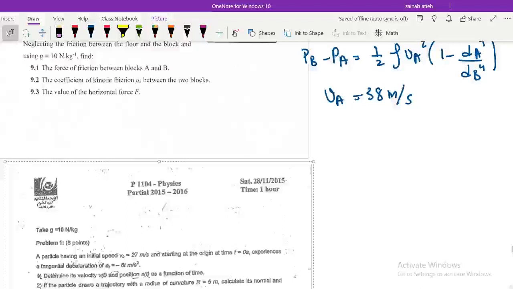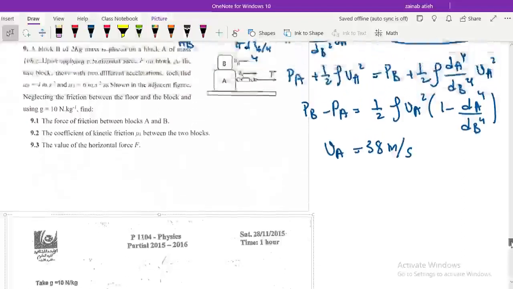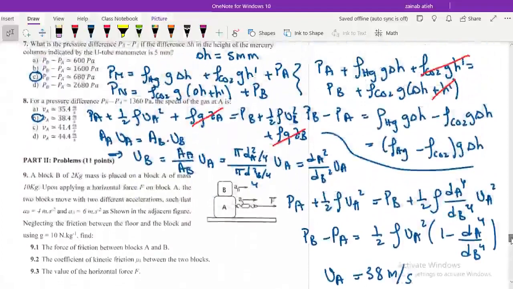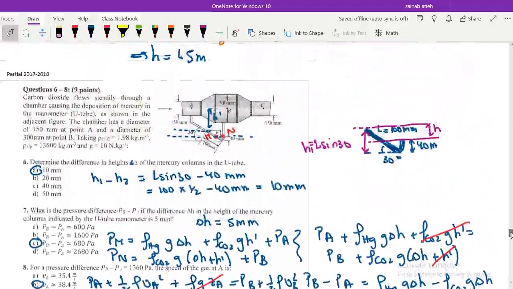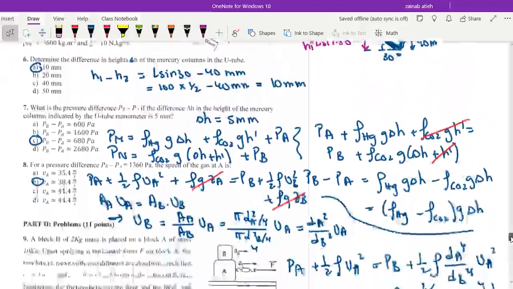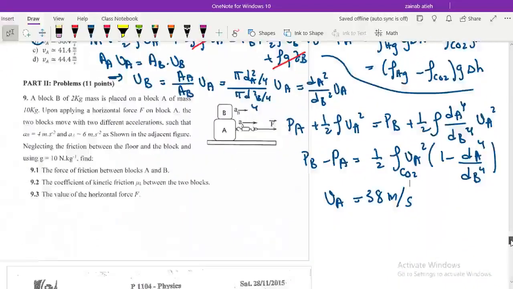Okay, I have to note something: the rho we are using here is the rho of CO2. Why the rho of CO2? Because I am applying Bernoulli to the fluid that is flowing between A and B, which is the CO2 fluid and not the mercury. The mercury was not involved in this stage between A and B when I am treating Bernoulli. Okay, I have CO2 gas, so I have to take the rho of CO2 as I have indicated.